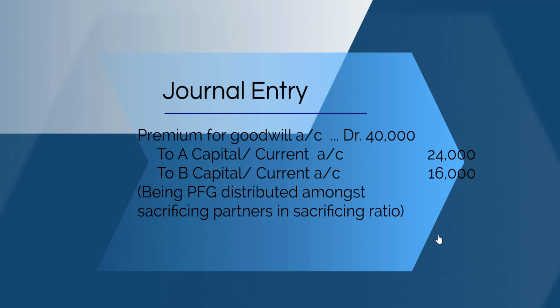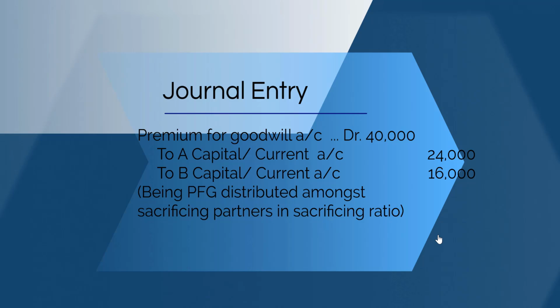We need to debit premium for goodwill account with rupees 40,000 to A's capital or current account and to B's capital or current account. A gets 40,000 rupees into 3 divided by 5, which is rupees 24,000, and B gets rupees 40,000 into 2 divided by 5, which is rupees 16,000.